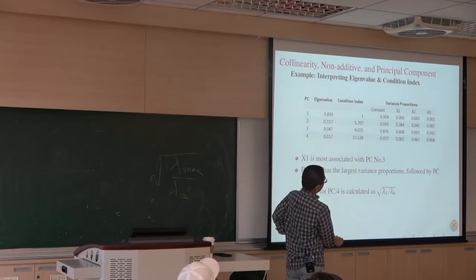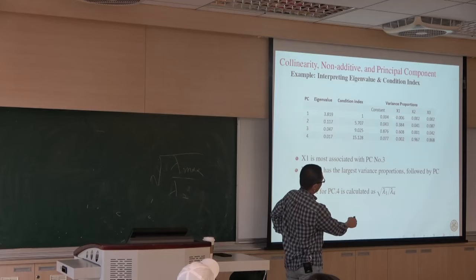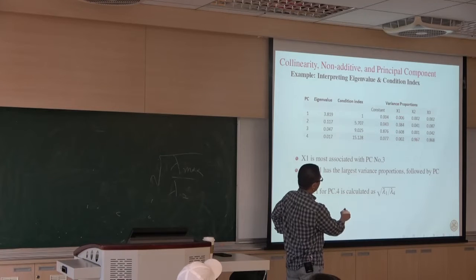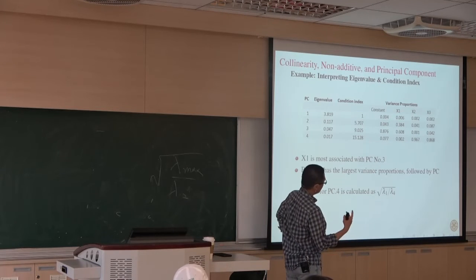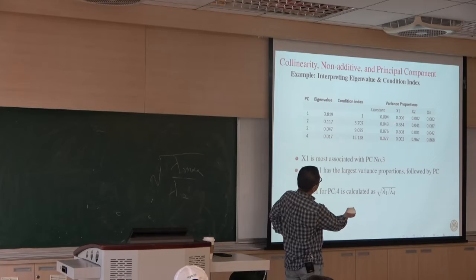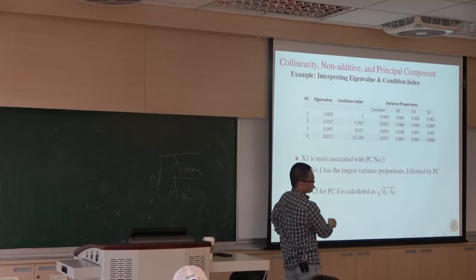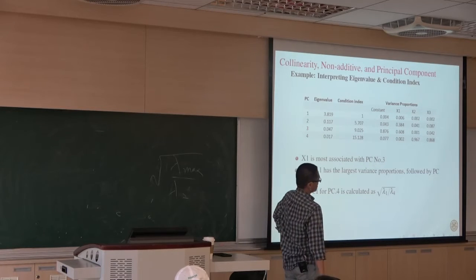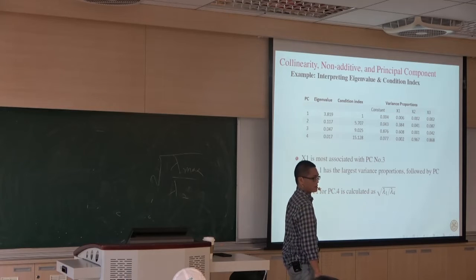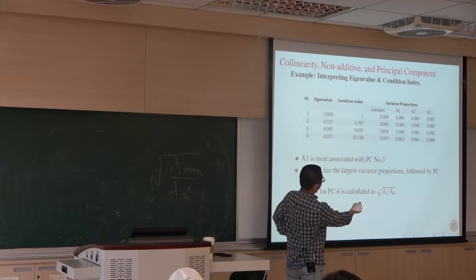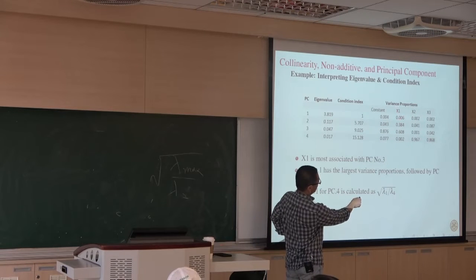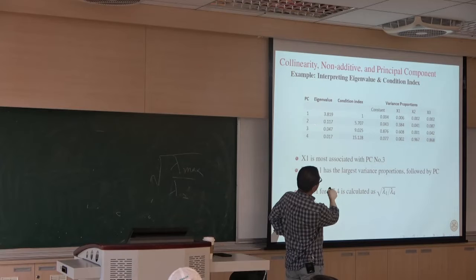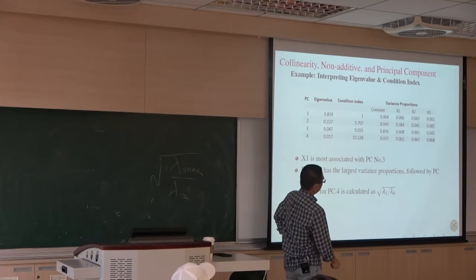Now we get to how each of these variables is related to that. They relate to each of the eigenvalues to a different degree. Variable x1 is most related to the third eigenvalue, or simply the third principal component, followed by the second principal component.